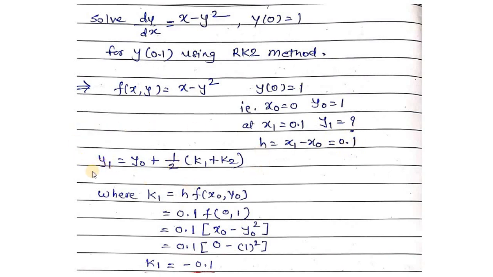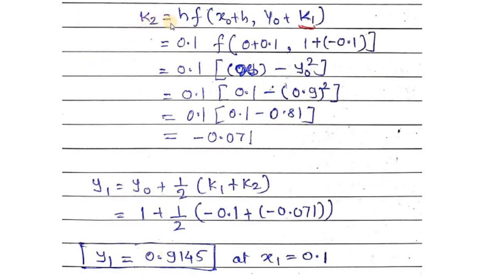So the formula for second order RK method is y1 equal to y0 plus 1 by 2 (k1 plus k2), where k1 is equal to h into f of x0, y0. Now f of x0, y0 is nothing but x minus y square, that is x0 minus y0 square. So putting the values of x0 and y0, we will get k1 equal to 0 minus 0.1.